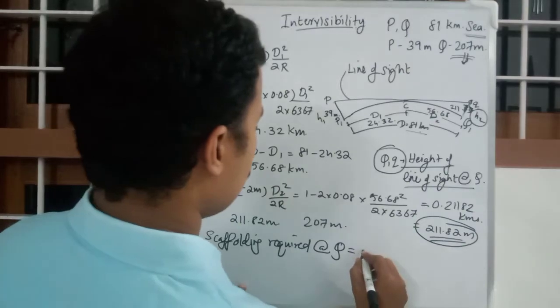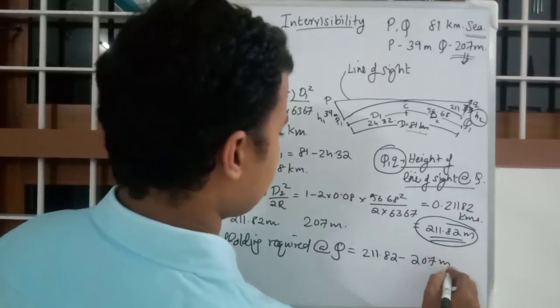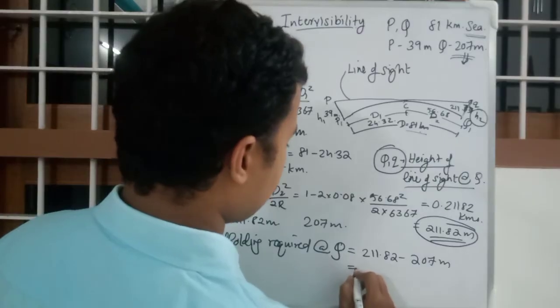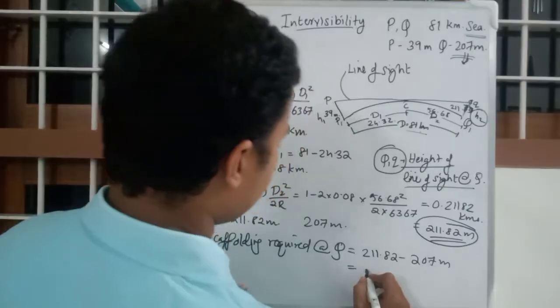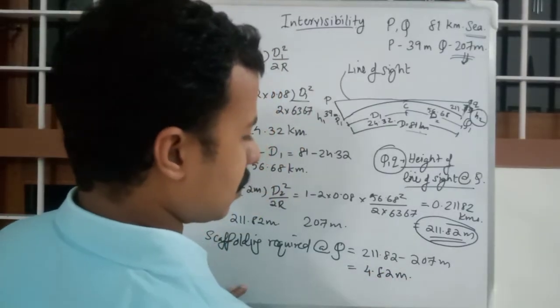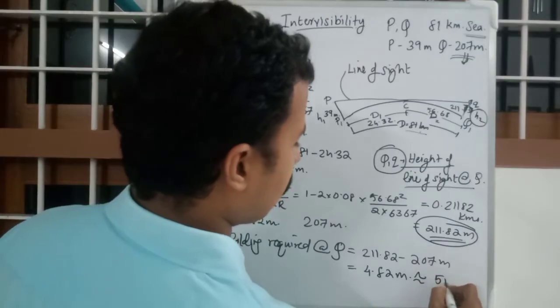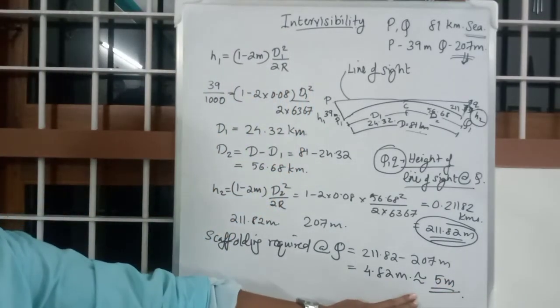So 211.82 minus 207 meters, that is 4.82 meters, approximately 5 meters. That is the answer to this question.